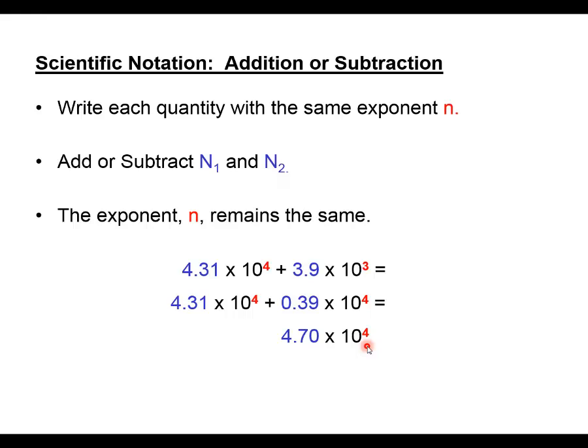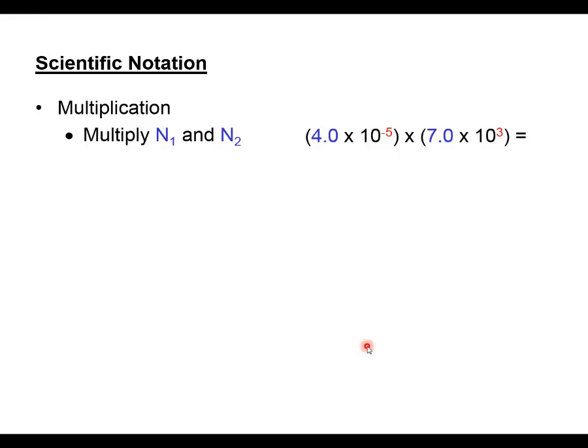Now let's consider if we're multiplying exponents. If we're multiplying exponents, let's say we have 4.0 times 10 to the -5 times 7.0 times 10 to the third. You don't have to convert these exponents to the same value. You can just go ahead and multiply your number in blue here, 4.0 times 7.0. Okay, and then you can add your exponents when you're doing this.